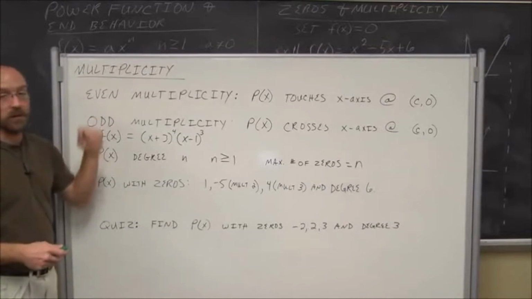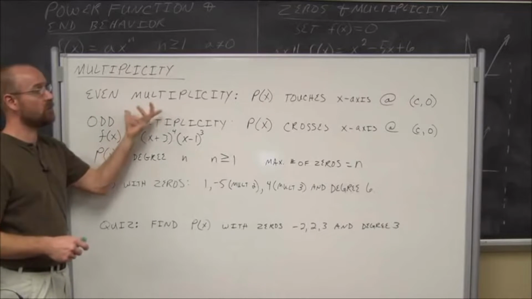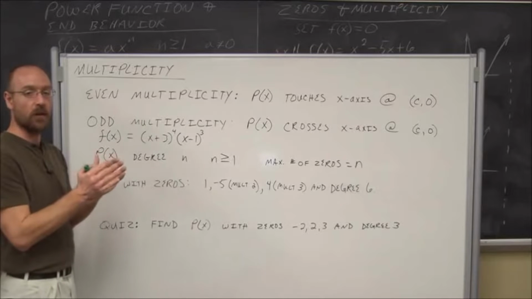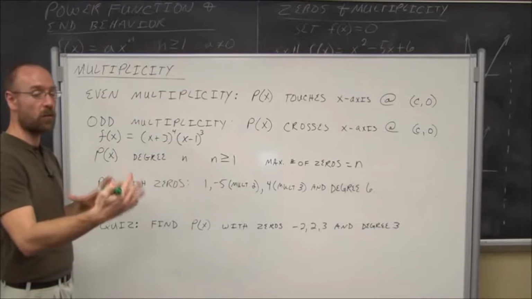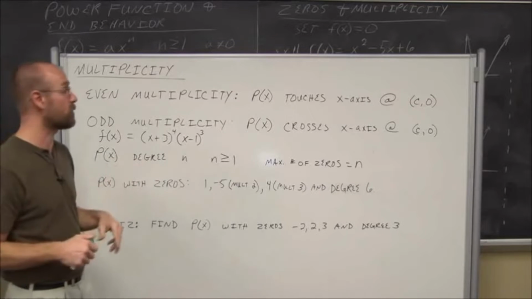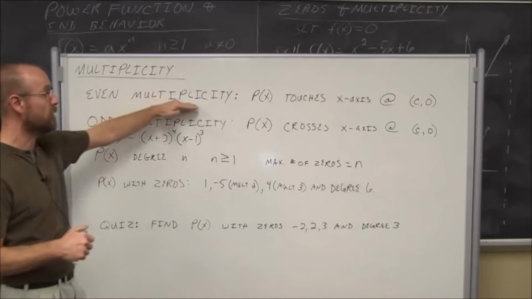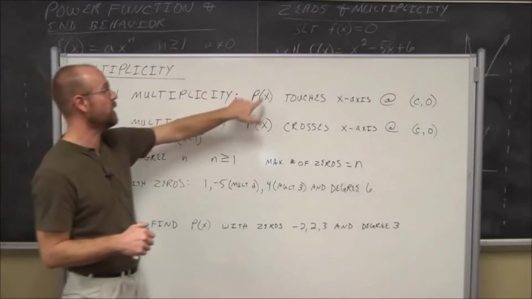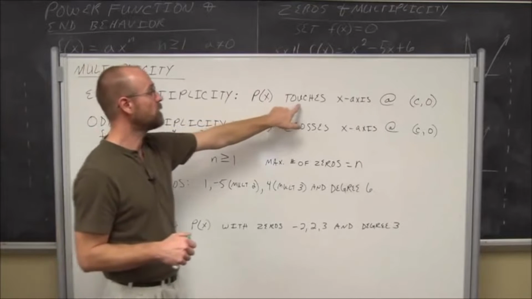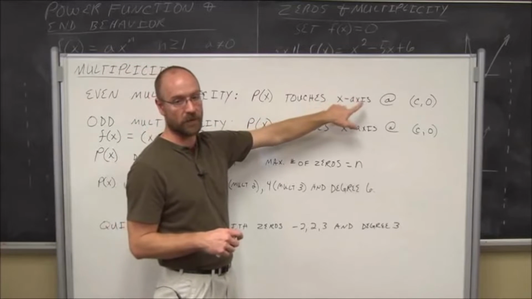All right, multiplicity. If we have even multiplicity, which means the 0 is squared or to the 4th power or whatever its linear factor may be, if it's even, we say it has even multiplicity, it means that the polynomial touches the axis at that 0.